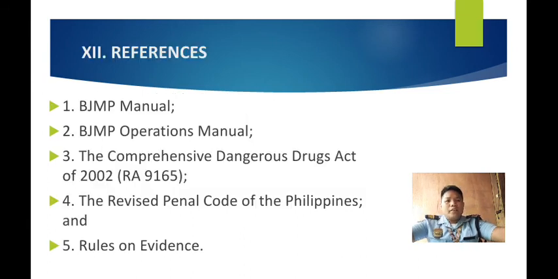So we have here the references in the standard operating procedure in BJMP administration. First, the BJMP manual. Second, the BJMP operations manual. Third, the Comprehensive Dangerous Drugs Act of 2002, which is Republic Act 9165. Fourth, the Revised Penal Code of the Philippines. And the last one, but not the least, the Rules on Evidence.